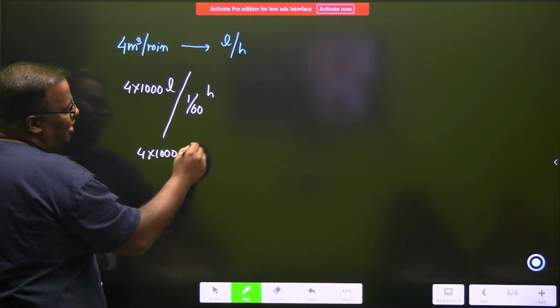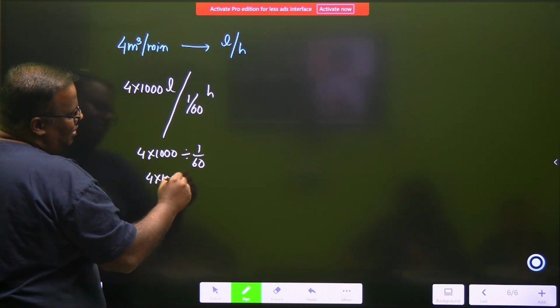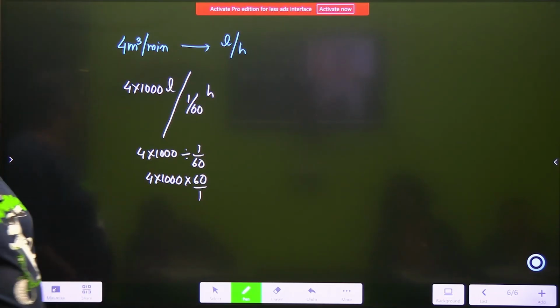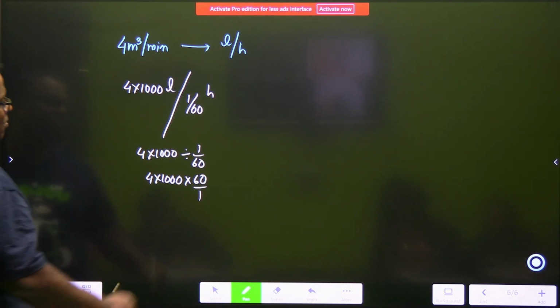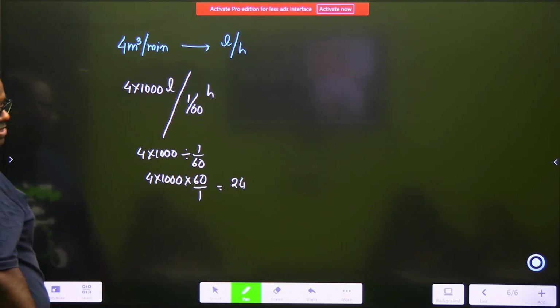Divided by 1/60. So 4 into 1000 into 60 by 1, and so this is equal to how much? 24,000. No, 1000 and one more zero is there.